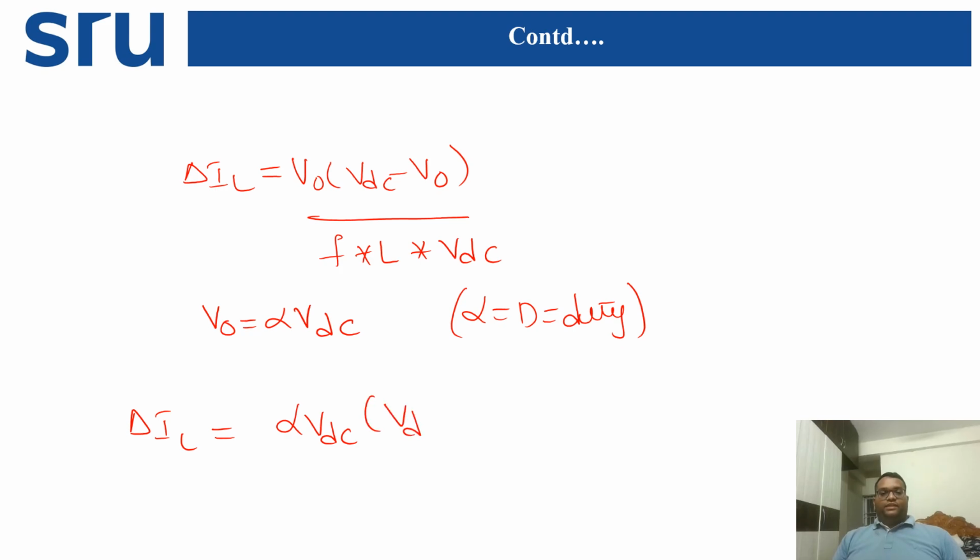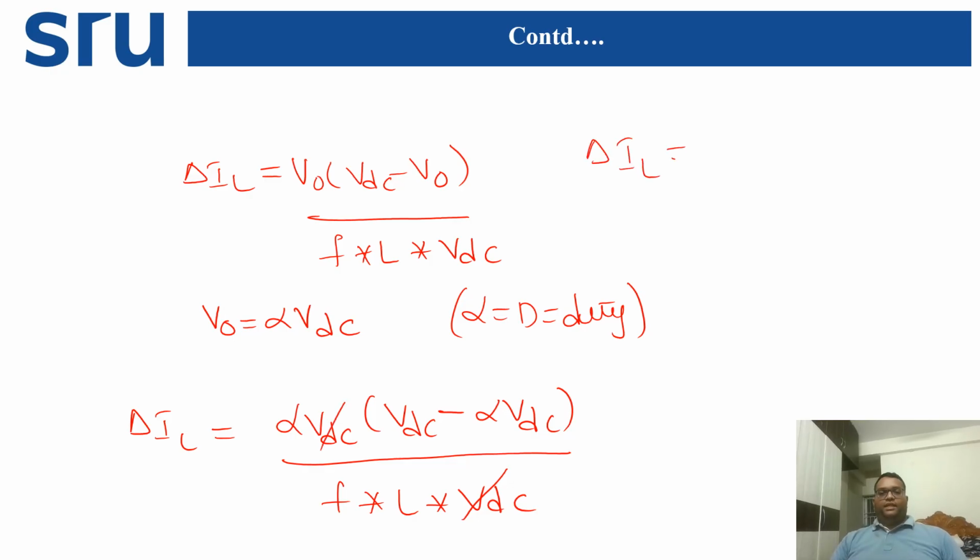Now, F into L into VDC in the denominator, so this VDC will get cancelled. Finally, delta IL is equal to alpha into 1 minus alpha into VDC divided by F into L.